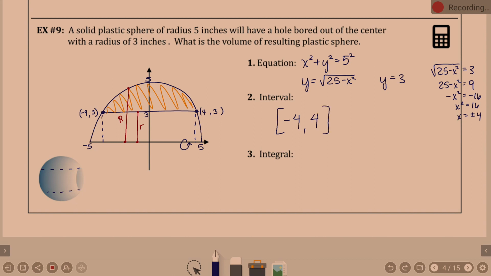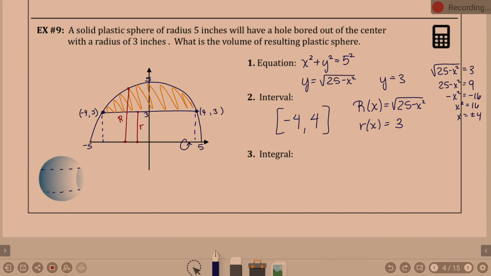We've already talked about this. What's big R going to be? It's our circle, and it's going to be the square root of 25 minus x squared. What's little r going to be? 3. Now you have your information to write the integral.